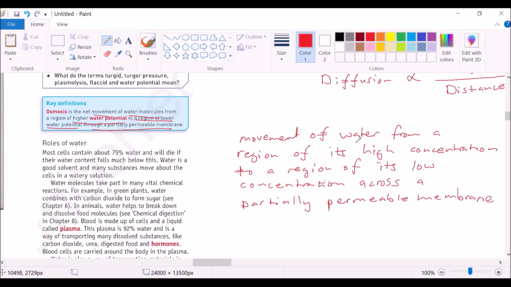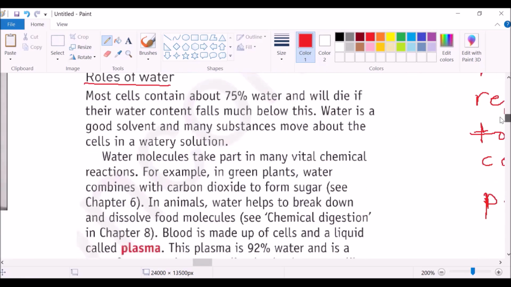So this definition tells us that osmosis is the diffusion of water across a partially permeable membrane. Because water is a very important resource in living organisms, a special definition of its diffusion called osmosis had to be developed. What are the roles of water in living organisms?